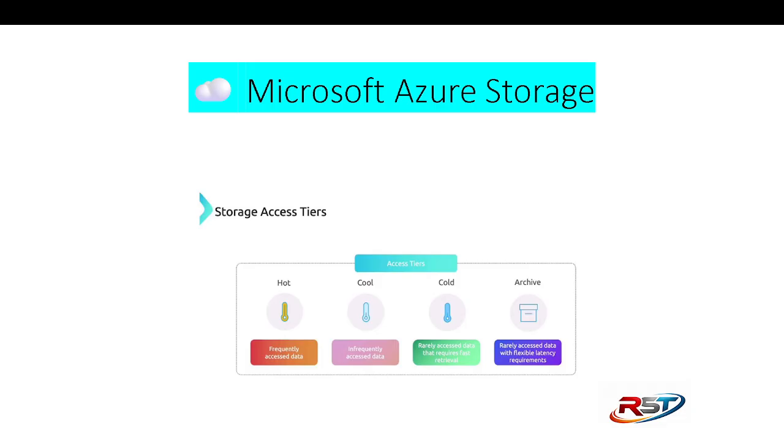Archive tier, rarely accessed data with flexible latency requirements. So archive is the last one, and whenever you want data back, it takes some time. There is a latency already in it.